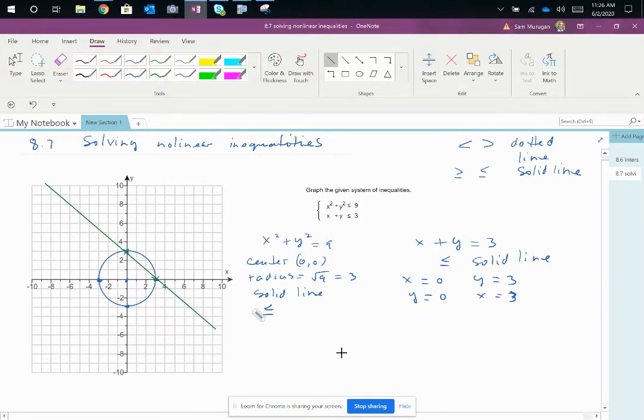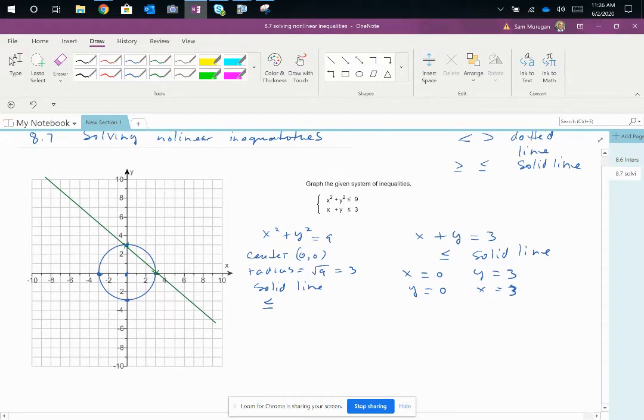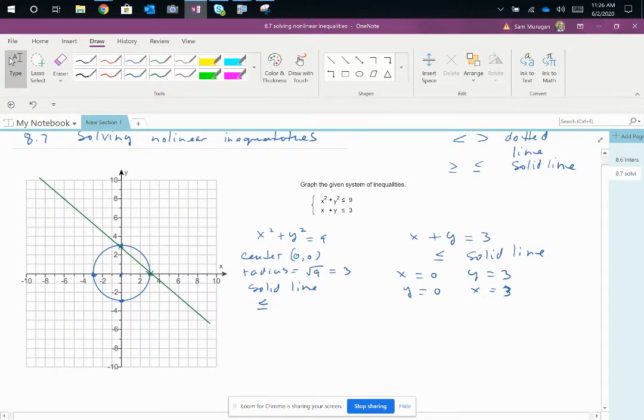Okay, now, as different from the other types of problem, this problem involves shading because this is saying that all of the values are less than 9 and all of the values are less than 3 in the solution. So we have to test values. We have 4 possible areas where the solution could be.